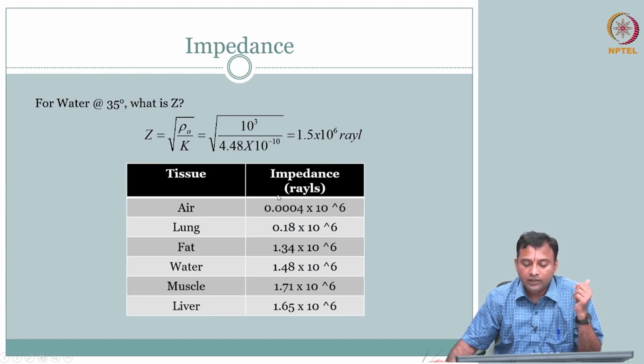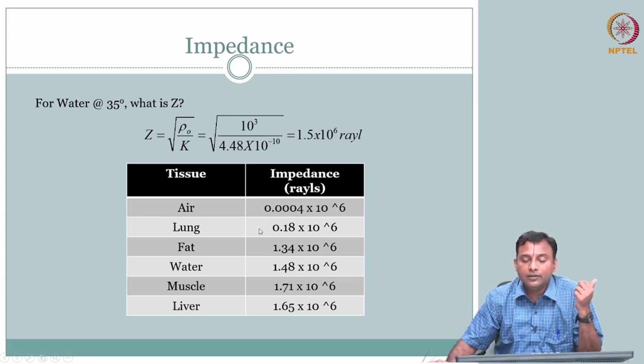It turns out that apart from two, fat, water, muscle, liver, all of them are about similar. The second decimal, first decimal changes, 10 power 6. So there is very small difference between the different materials. What is completely different? Air, orders of magnitude difference.